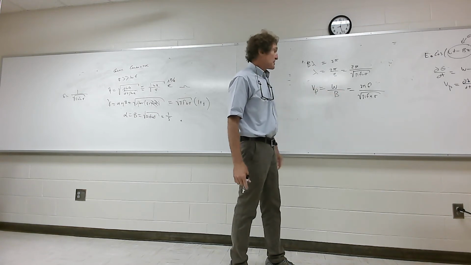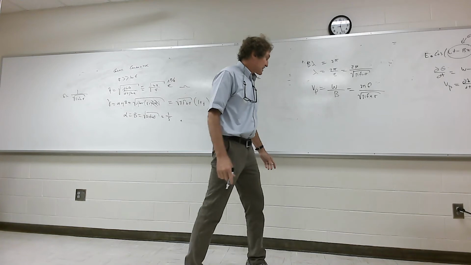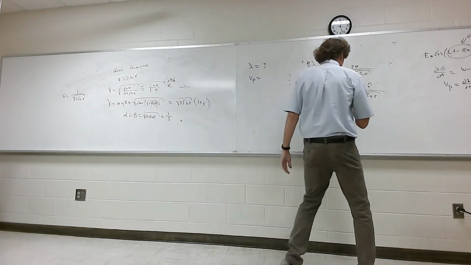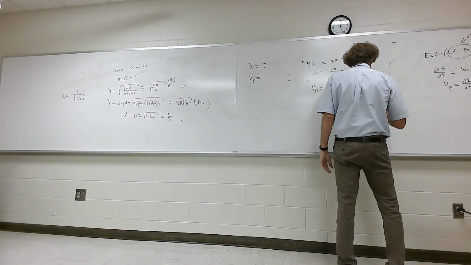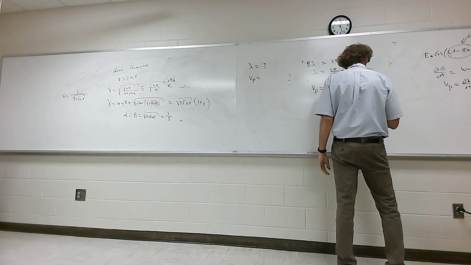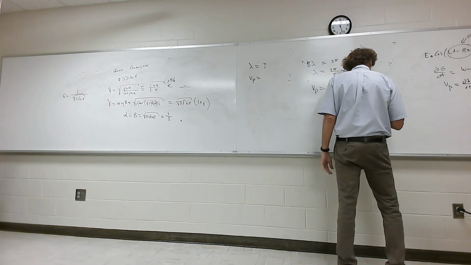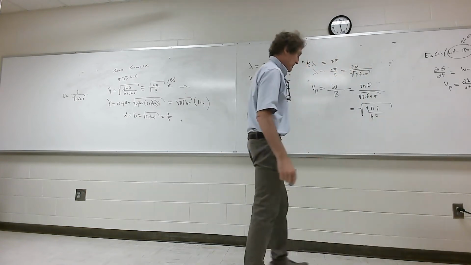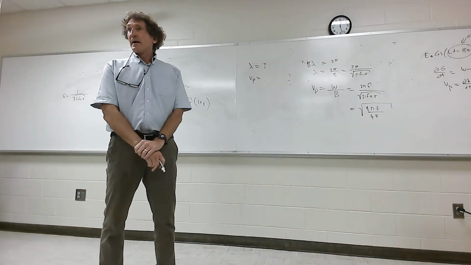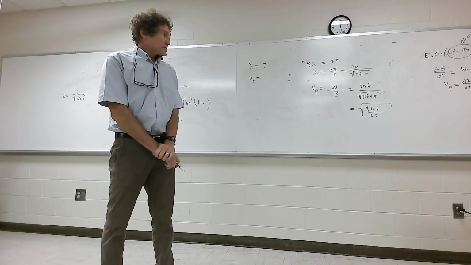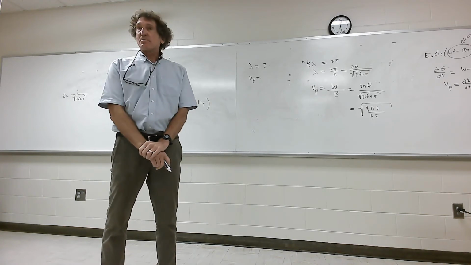But I just want you to look at this, because this is going to be square root of 4 pi f over mu sigma, right? Isn't that right, class? Well, what's the phase velocity when frequency is approaching 0?